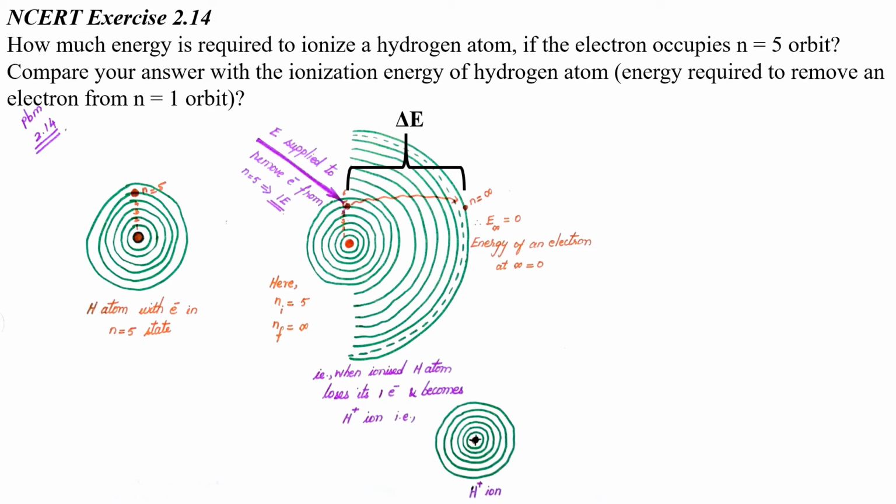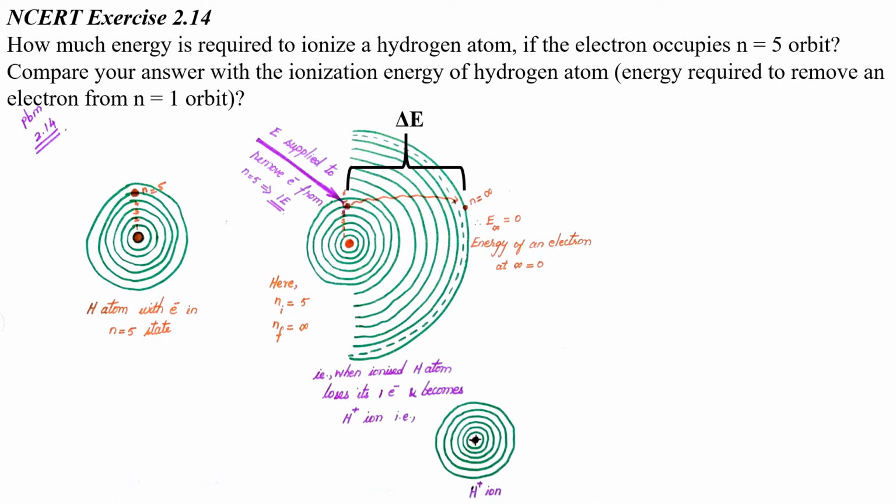Read the first sentence of the question. You are asked to calculate the energy required to ionize a hydrogen atom if the electron in it is present in its fifth orbit. Now, look at the first diagram. Here you can see an electron in the fifth orbit of the hydrogen atom.